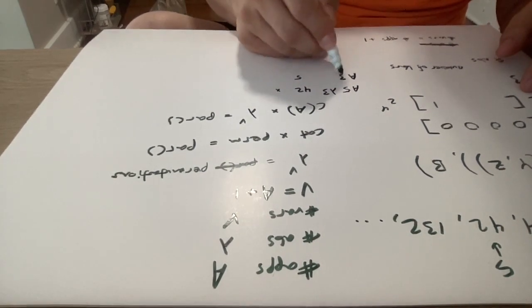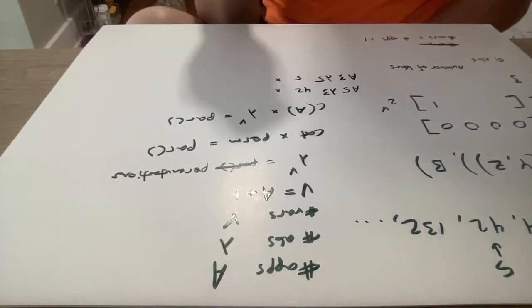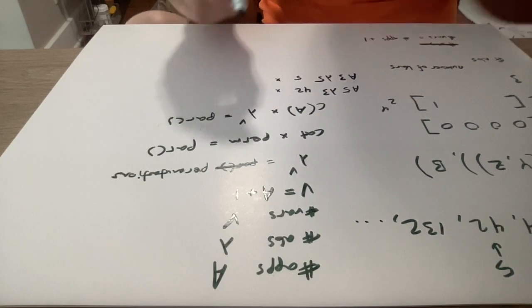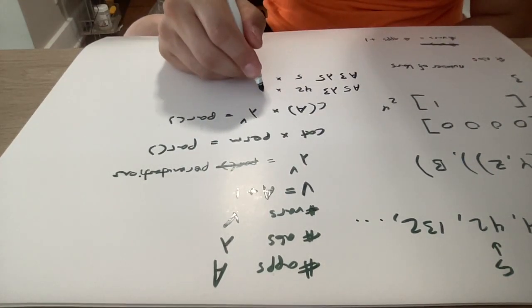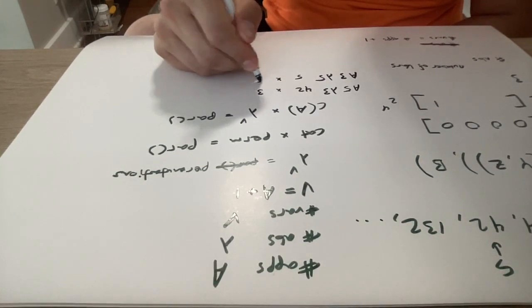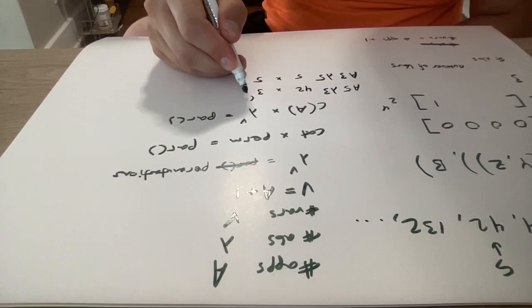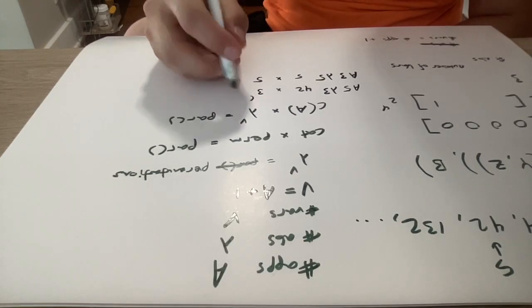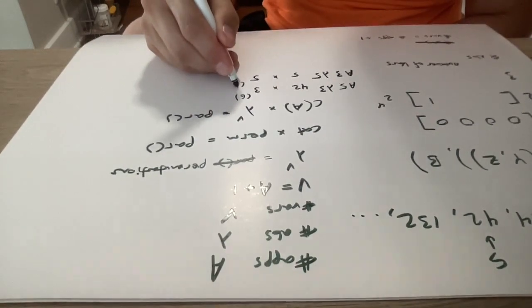If A is 3 and lambda is 5, we could do that. Lambda to the V, so this would be 3 to the power of A plus 1, which would be 6, and here it'd be 4.